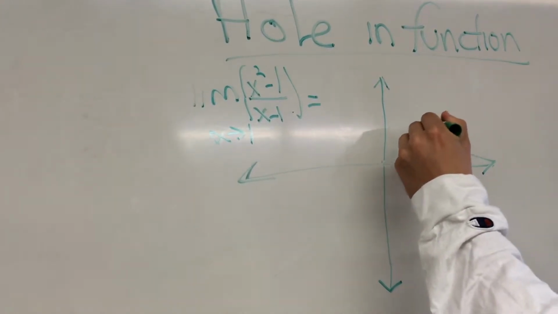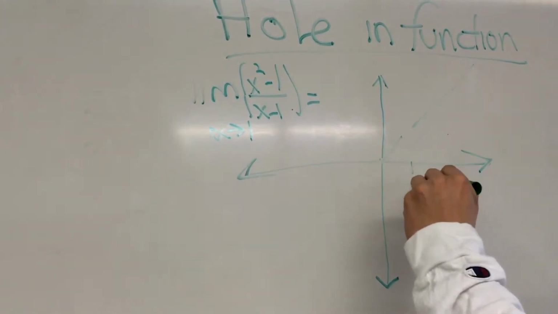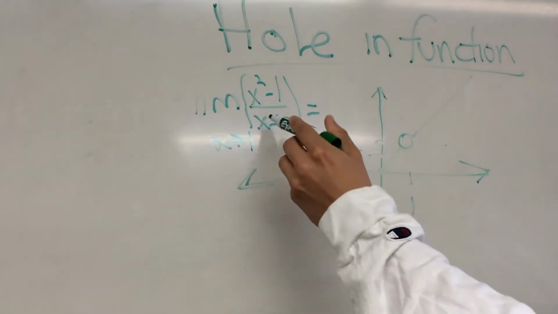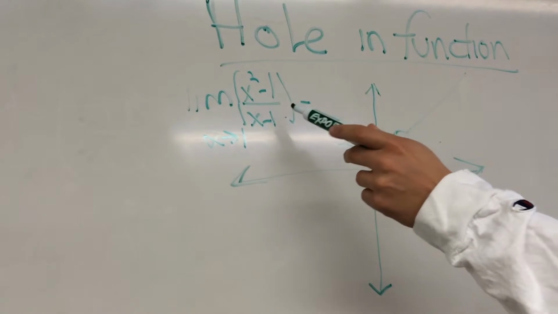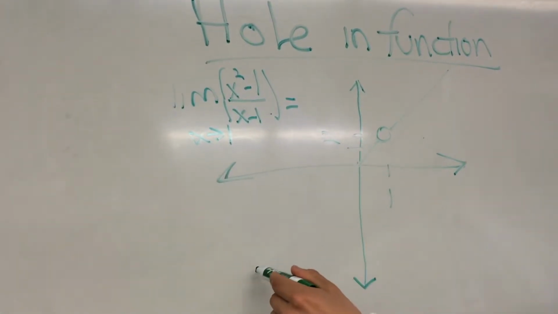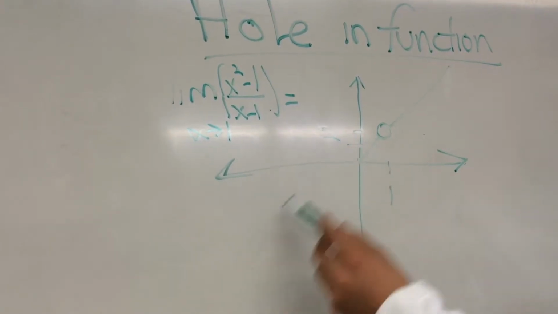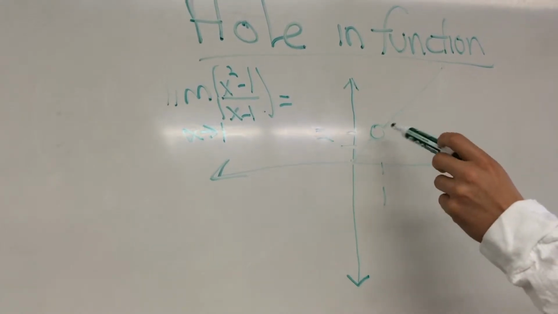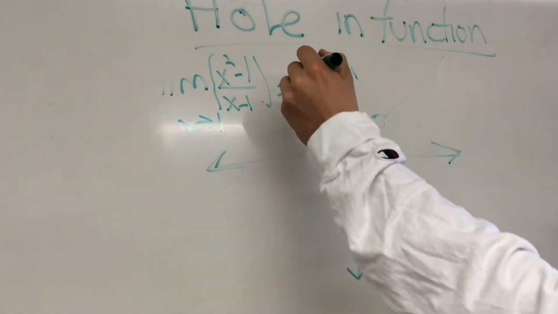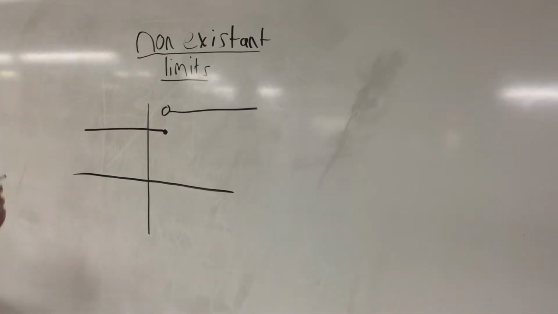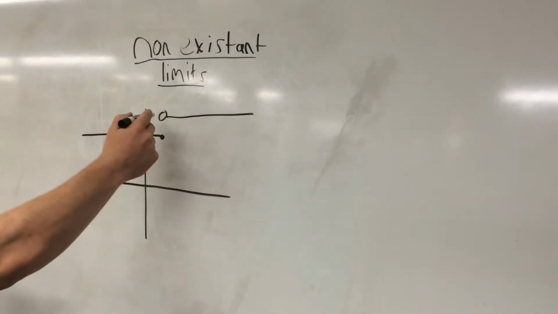Non-existent limits are defined as from the left and from the right, they approach 2 different values, and thus the limit at this point does not exist. It is written as the limit as x approaches a from the left is equal to L, and the limit as x approaches a from the right is equal to, let's say, z.